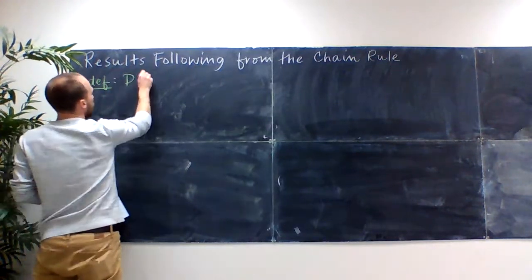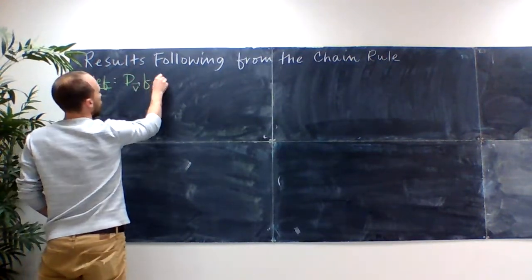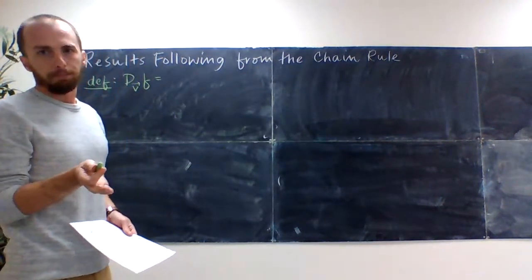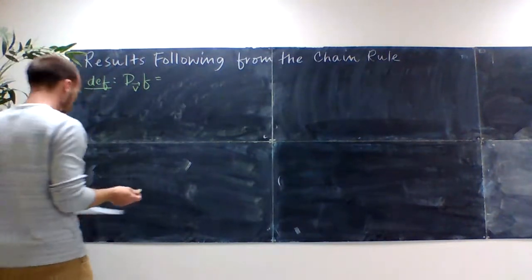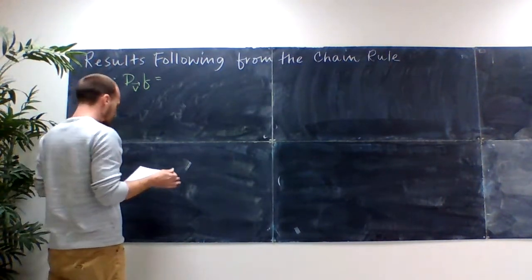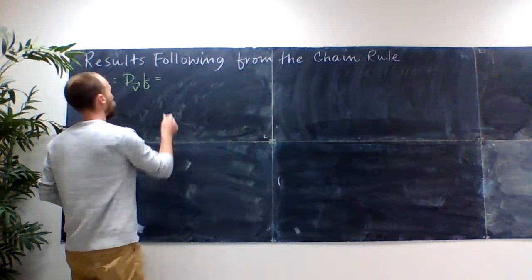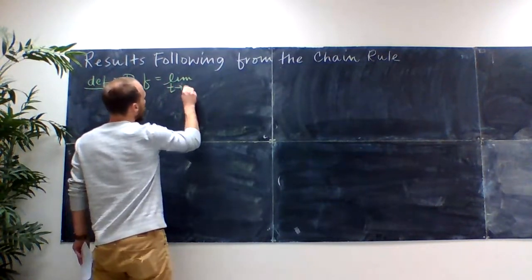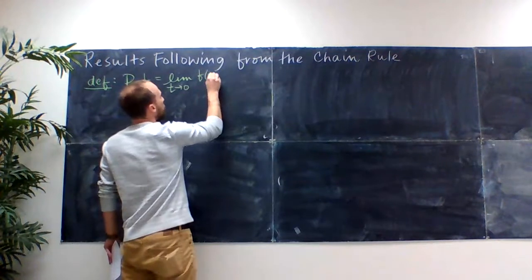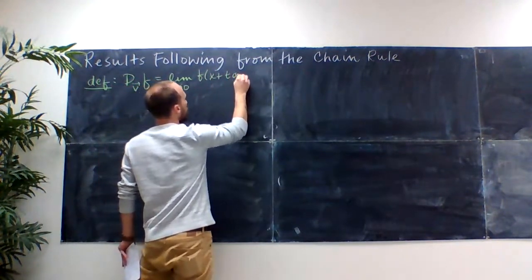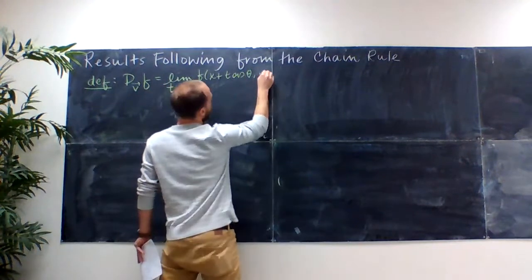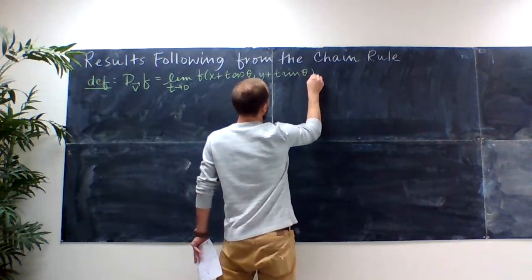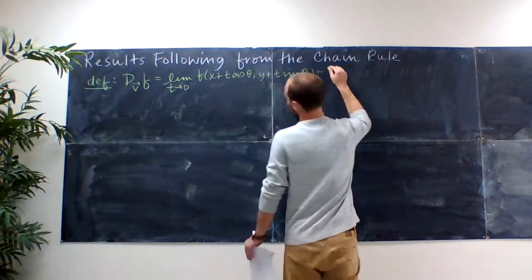The derivative of f in the direction of v, provided that v had some sort of basically unit circle type angle, some theta, was equal to the limit as t approached 0 of f of x plus t cosine theta and y plus t sine theta minus f of x and y, all divided by t.